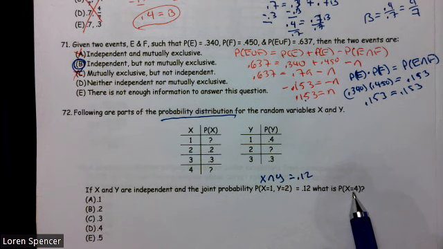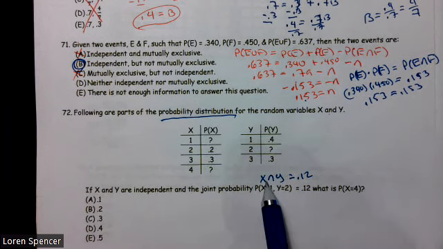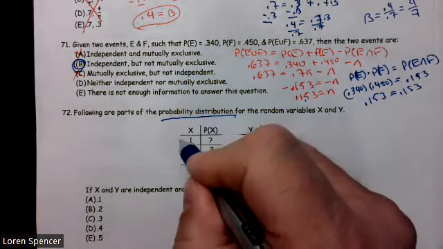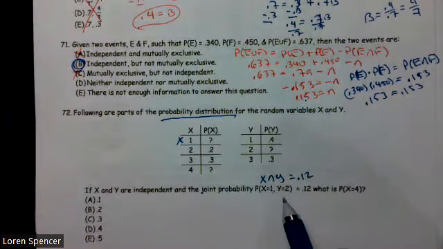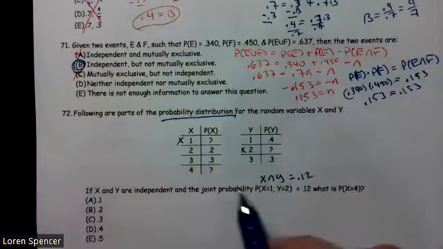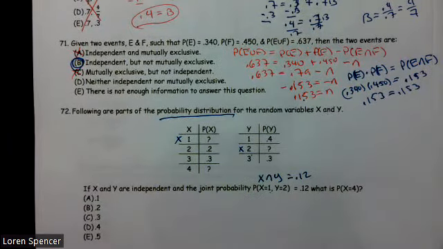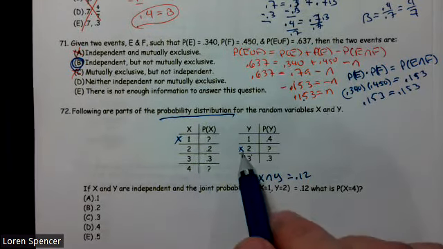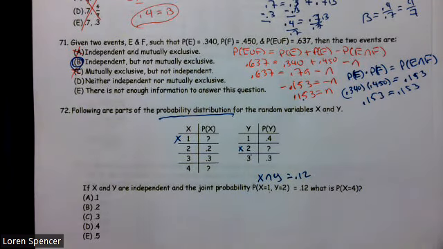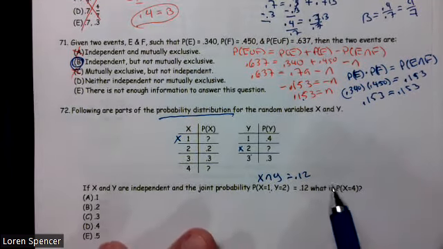It asks, what's the probability of X equals 4? I go to X is 1, so I need this one, and Y is 2, so I need this one. I need those two, but I don't have either one of them, so I can't multiply and do any more work.